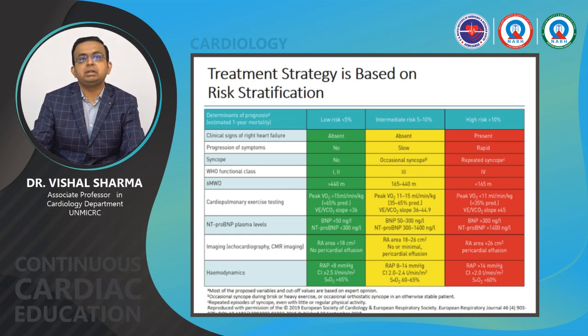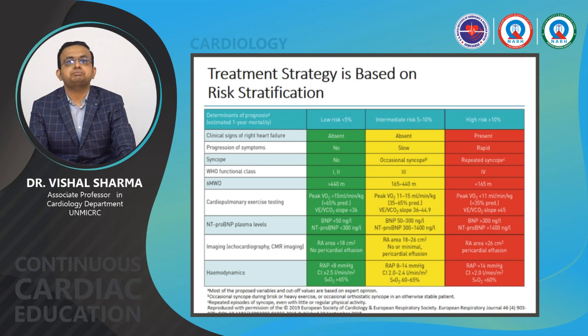This risk stratification is really important because the further management of the patient depends upon whether the patient falls into low risk, intermediate risk, or high risk. So this is the first step. As soon as the patient is diagnosed with idiopathic pulmonary arterial hypertension, you have to risk stratify the patient. This is the first point in the management of pulmonary arterial hypertension.